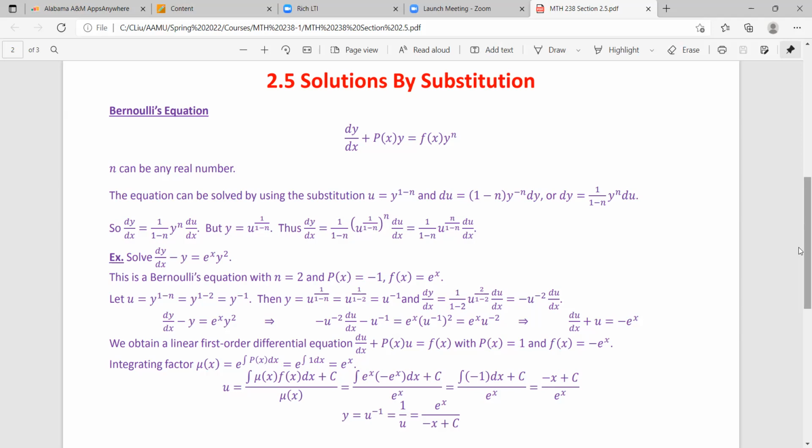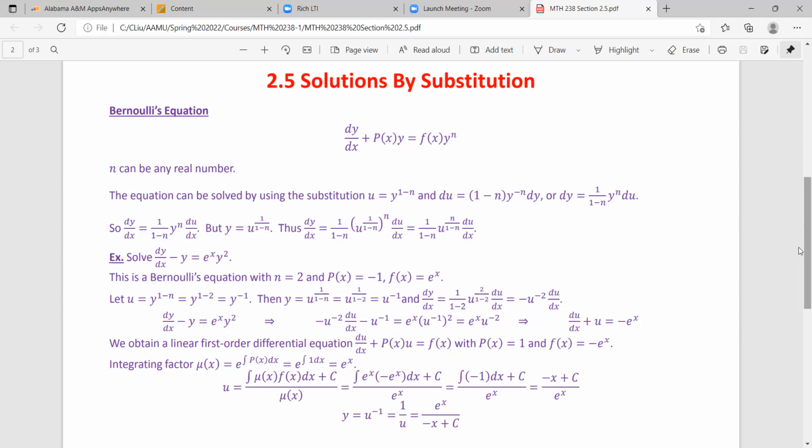If you still remember the formula for the integrating factor, you just compare this first order linear differential equation with the standard form, du over dx plus p of x times u equals f of x, and then you recognize p of x is just equal to 1 and f of x equals negative e to the x.